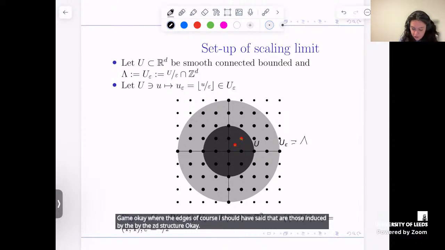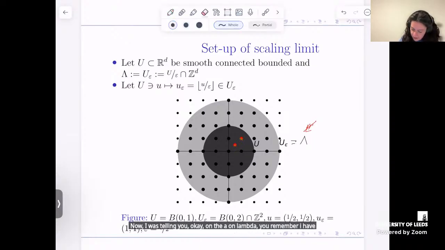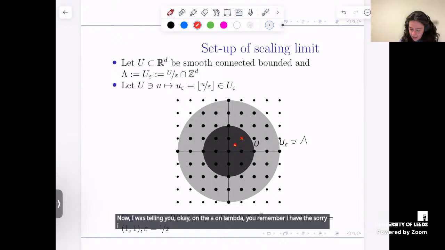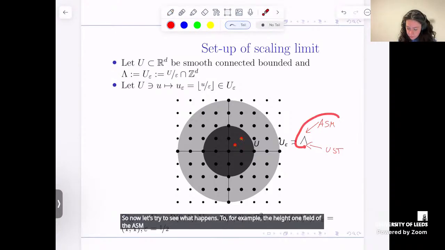Now, I was telling you, on my graph Lambda, I have the ASM, I have the UST. So now let's see what happens to, for example, the height 1 field of the ASM played on this particular Lambda when I let epsilon go to 0.